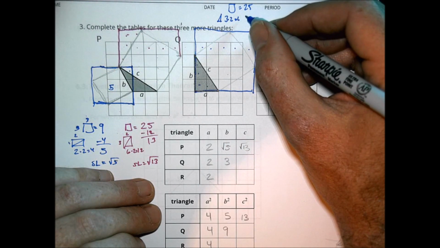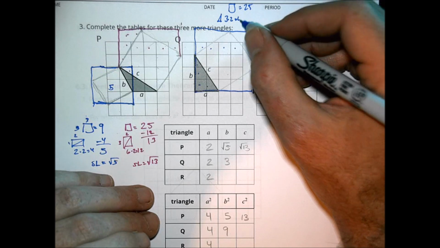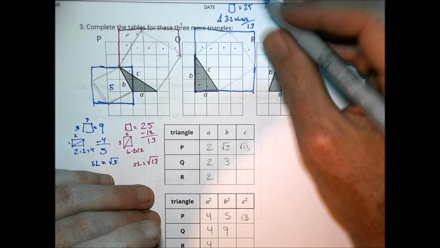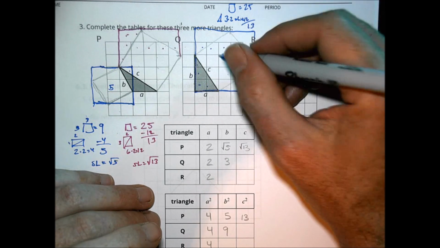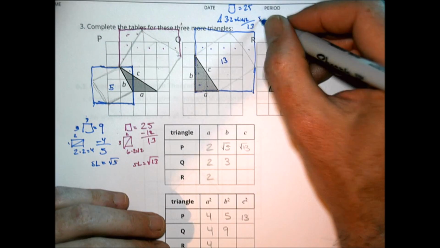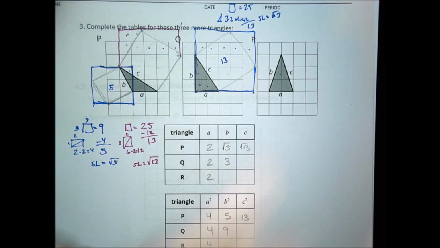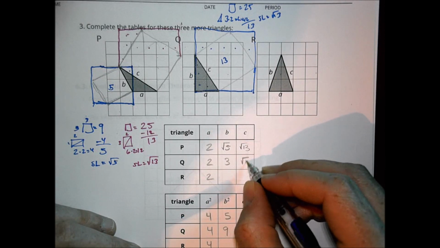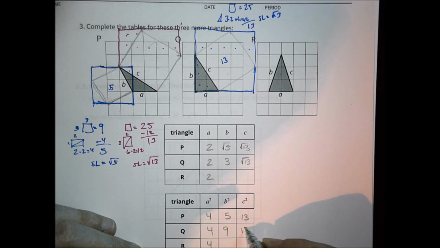So that's going to be 6 times 2 is 12. So we're going to subtract, and we end up with 13 again. So this triangle is also going to be a 13er, which means that our side length equals square root of 13.